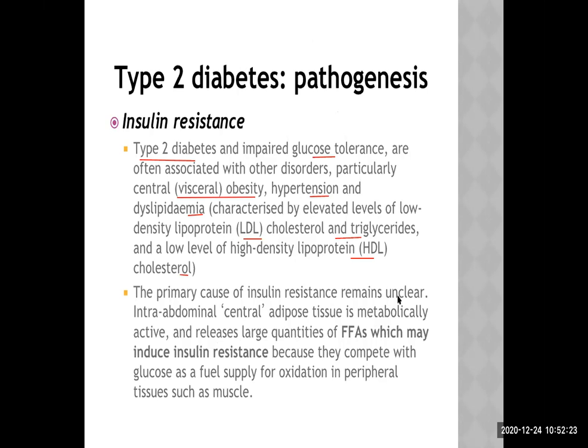So what is happening here? The fat present around the waist area, inside our tummy or belly area, is highly active metabolically. So a lot of free fatty acids are released from there, and those free fatty acids induce insulin resistance in the peripheral tissue. So this is one of the important mechanisms. Let's move on.